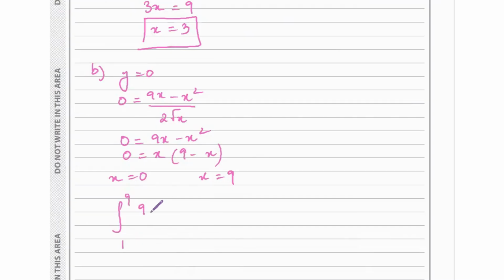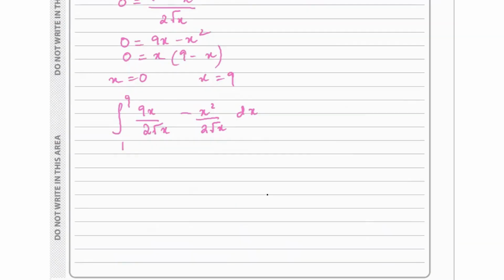Now I'm going to write it as a separate fraction, 9x over 2 root x minus x squared over 2 root x dx. Now I'm going to simplify it like I did previously. So the simplified version was 9 over 2 times root x minus 1 over 2 times x to the power of 3 over 2, and then dx.